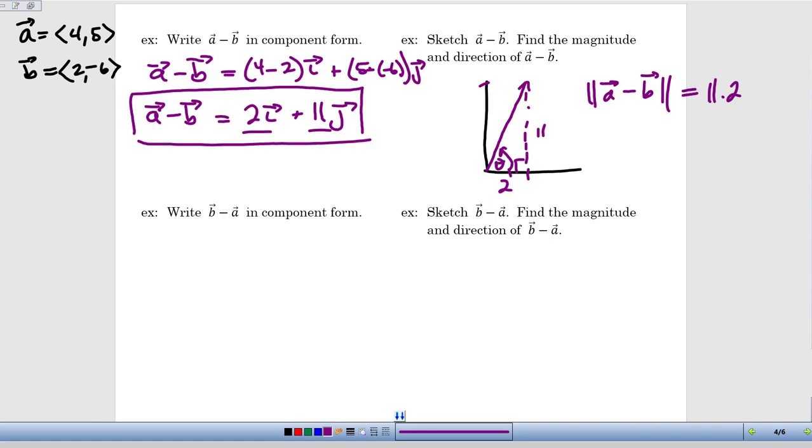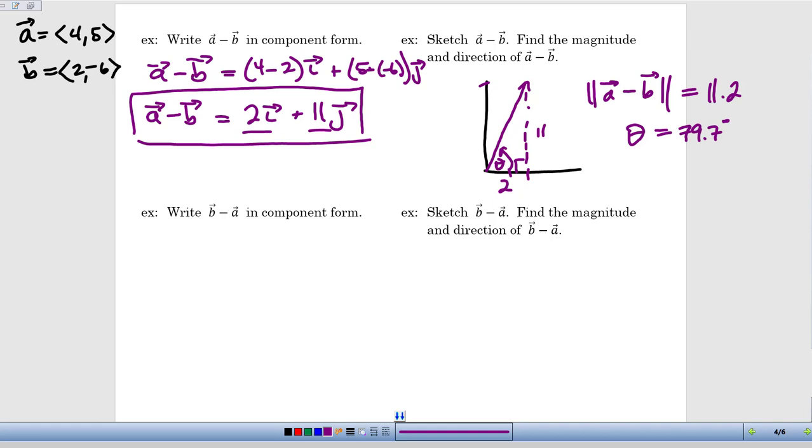So measuring from the positive x-axis, rotating counterclockwise, we get an angle measure of inverse tangent of 11 over 2, which is 79.7 degrees. So again, having those components allows us to add and subtract vectors pretty easily. And then once we have the components of the resultant vector, we just go back to the same thing we did at the very beginning, Pythagorean theorem, inverse tangent to figure out the direction.